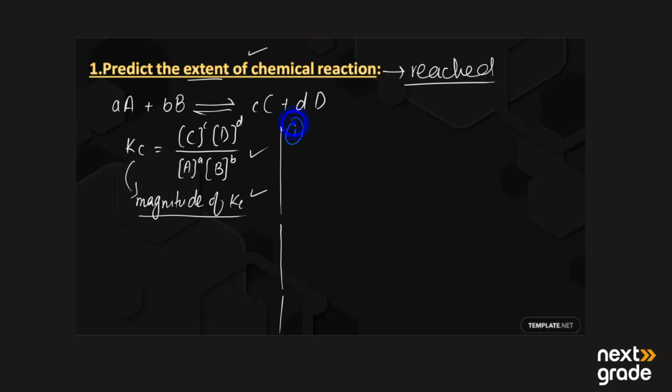The first one is when Kc is very small. If we have a very small value of Kc, then what does this mean? When the concentration of A and B is large and the concentration of C and D is small, then the equilibrium mixture will contain mainly the reactants, and only a small amount of products will be present.